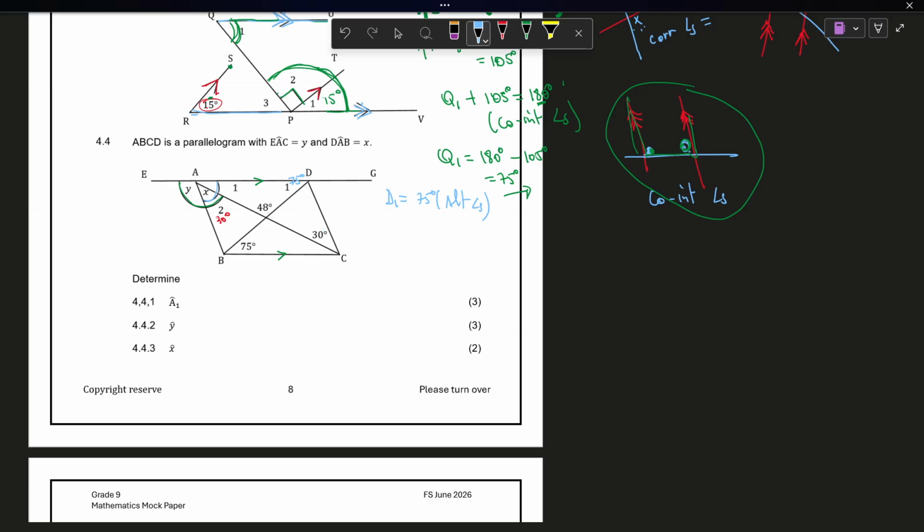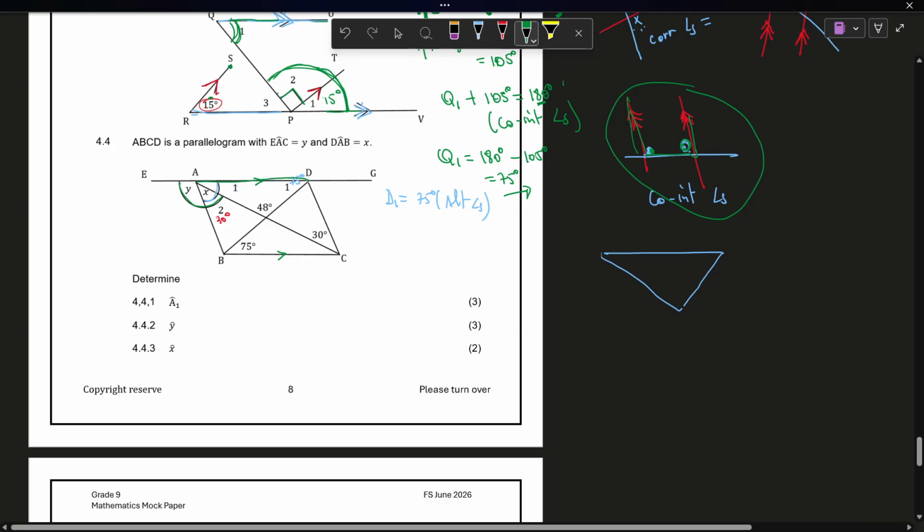It becomes easy for us to find angle A1 because now we've got a triangle. So I'm drawing this triangle here, this one. We know the interior angles. Here we know that we've got 75 degrees. We know the next interior angle as well is 48, right?